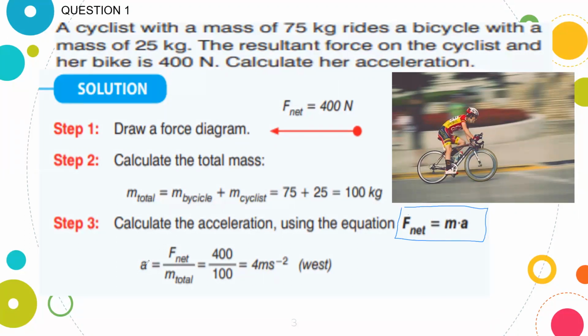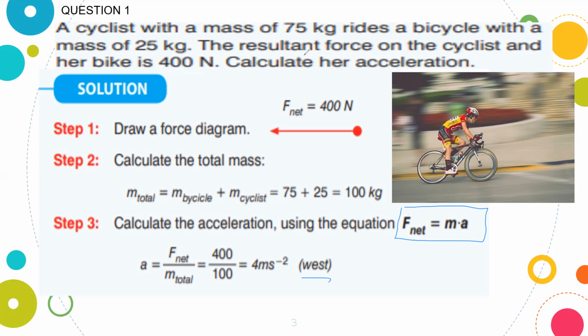Acceleration equals F net over total mass, 400 over 100, and then you get 4 meters per second squared. The direction depends on the direction of motion. In the question they should say the direction is west, the same as the direction of motion. Okay, this is our question 1.